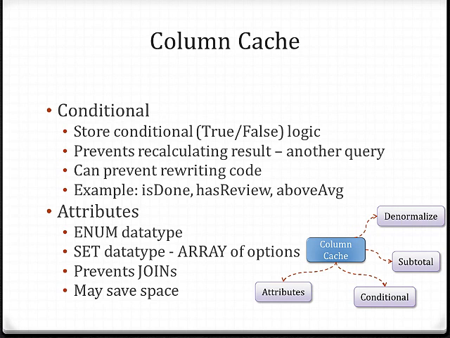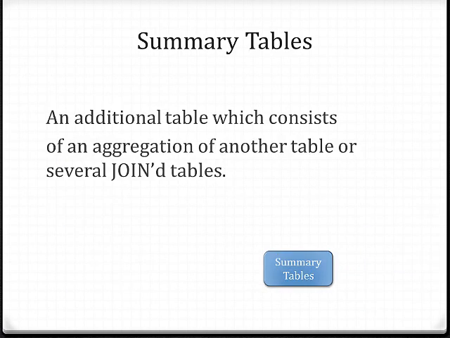The idea is that you prevent a join, and like enum, it's very visual. You can see it when you do a select on the table. It stores it as 1 byte or 2 bytes, depending on how many options you use. It's a bit difficult to search on, but it may save you space and may prevent a join. I only used it once, but it was quite cool when I did.